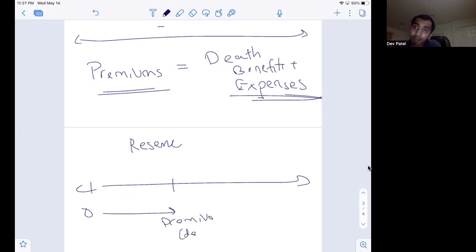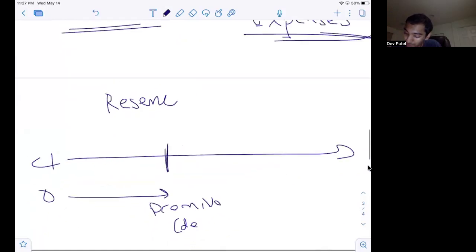What are we reserving, keeping to pay for those future death benefits? So at that point, you have to calculate the present value of the premium amount at time step 5, and the present value of the future death benefit amount at time step 5. And the difference between those is what we refer to as the reserve.